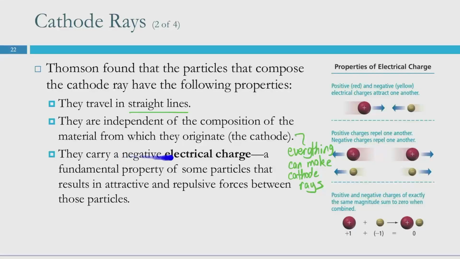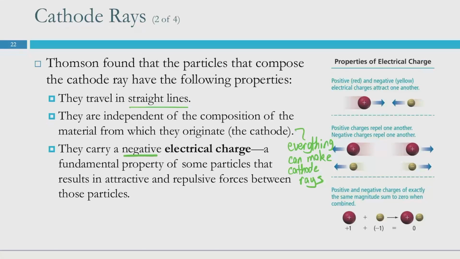And they also carry a negative electrical charge. So like how magnets have a plus side and a minus side, sort of a similar thing here. So these are negatively charged little particles. And as a reminder, in case we haven't played with magnets in a while, they're so fun, why wouldn't you play with magnets more? If we've got a positive and a negative, those are going to attract, opposites attract.